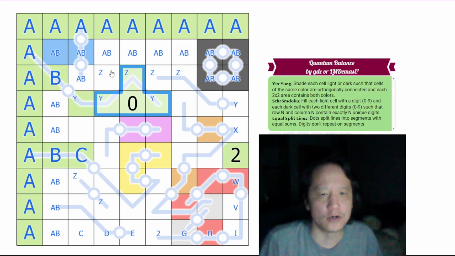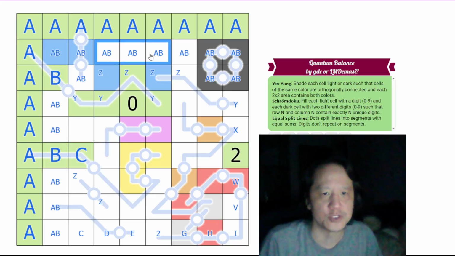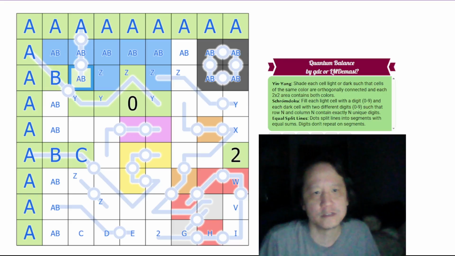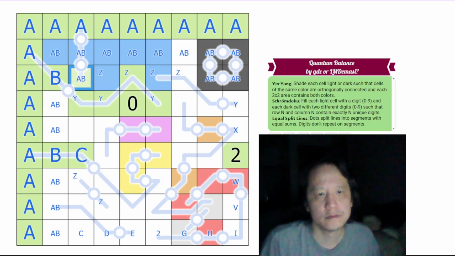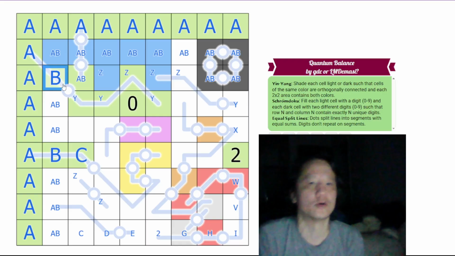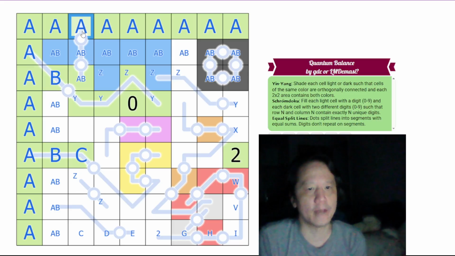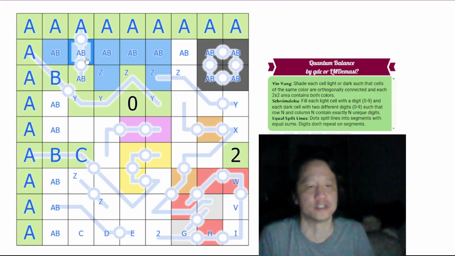Since these are all green, this has to be blue. This has to be blue. This blue must exit out this way. So this is blue going there. So this has to be green here, which means A has to be the non-zero. B has to be the 0. Because if A were 0, that means 0 would equal 0 plus something else, which is not allowed.